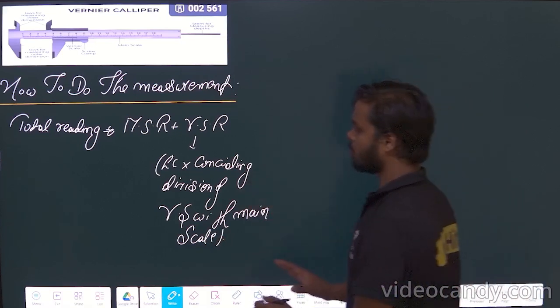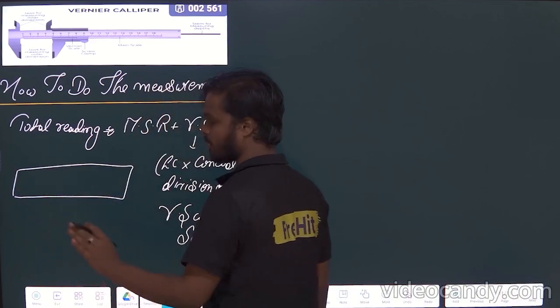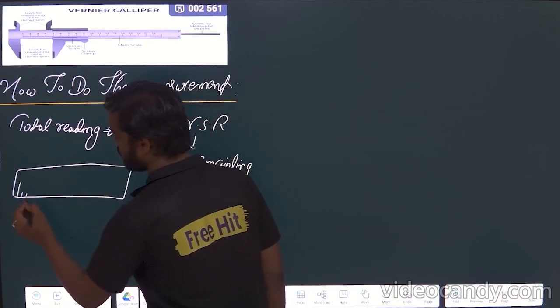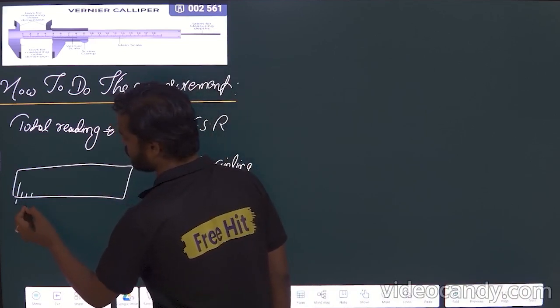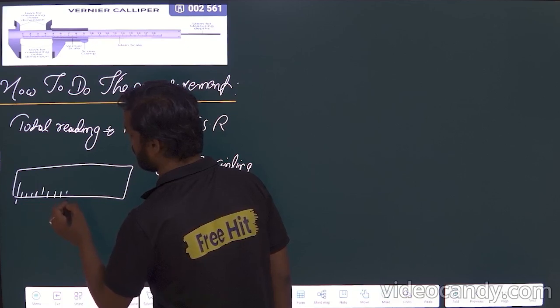So basically, let me explain with a diagram. I will erase the diagram after that. Suppose this is my main scale and these are the readings. Suppose this is 1, then 1 2 3 4, then we have 5, then 6 7 8 and 9, and then 10.